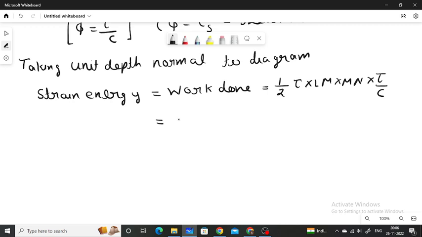Here strain energy is equal to tau square upon 2C, LM into MN.